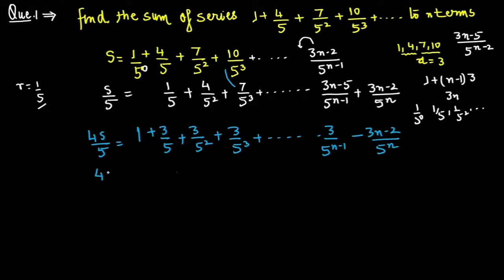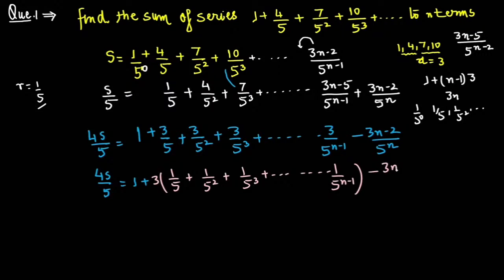Now I will say, if you take common 3, then the remaining terms are 1 by 5 plus 1 by 5 square plus 1 by 5 cube, and it is forming purely a GP, 1 upon 5 power n minus 1, but the number of terms is n minus 1.